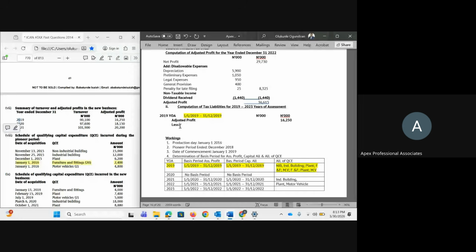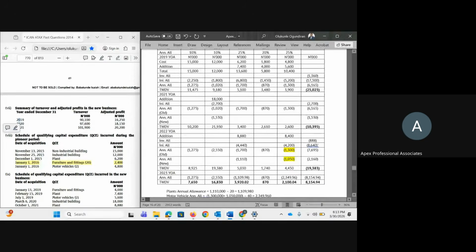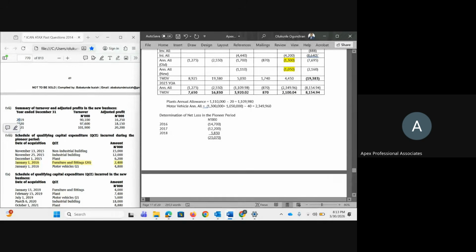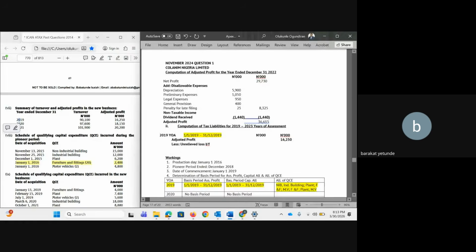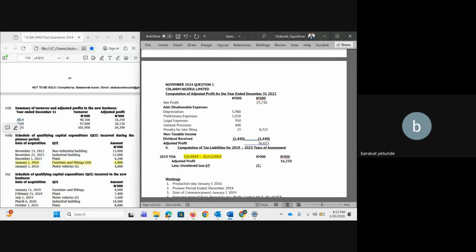Less loss relief. How much is the brought forward figure? Yes, 23,070. Then you cannot do more than you have, Abby.